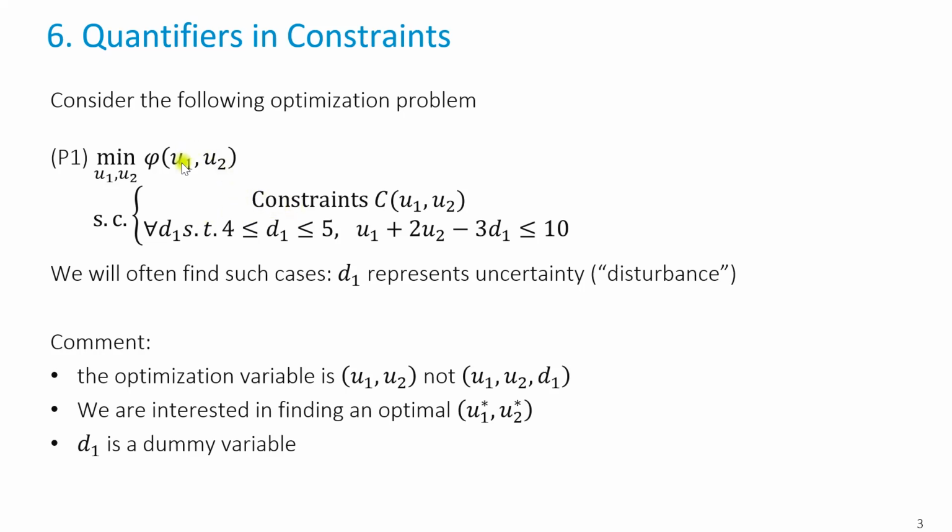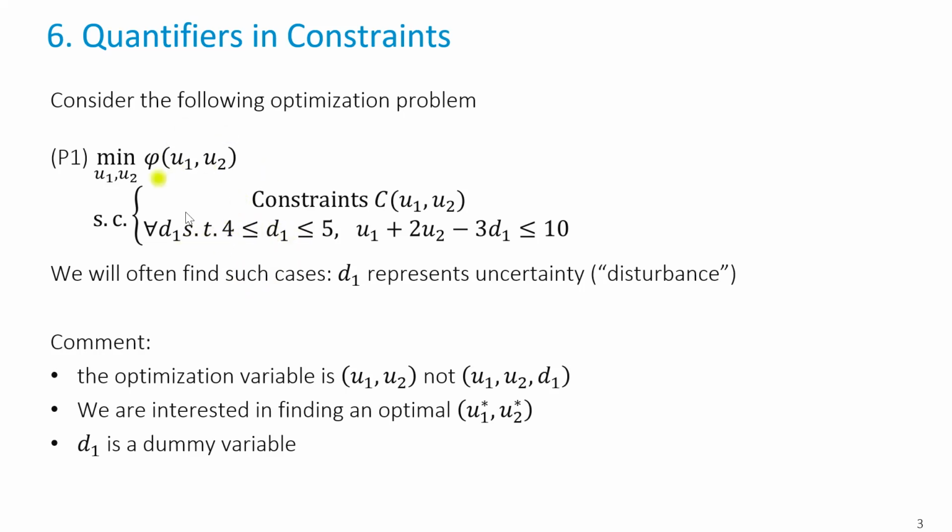It means that we are imposing on U1, U2 some constraints that depend on a continuous variable D1 here. D1 is very frequently called a disturbance, and in our cases, it represents the uncertain parts of what we're modeling. For example, this could be the difference between the forecast and the actual load consumption or PV generation here.